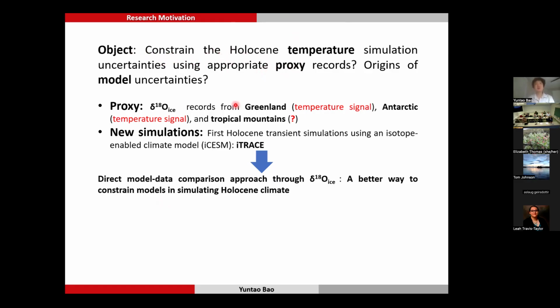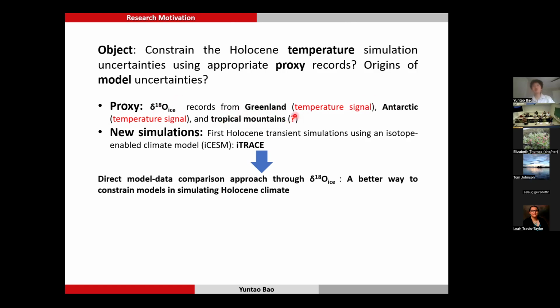So how do we do this? The thing is that we have Holocene transient simulations using isotope-enabled climate models, which we call iTrace models. With these iTrace models, we have simulated delta O18, so-called data O18. So we can directly compare the simulated delta O18 with proxy records, right? For temperature, we know that most delta O18 records representing temperature are from ice cores, especially the Greenland and Arctic ice cores.